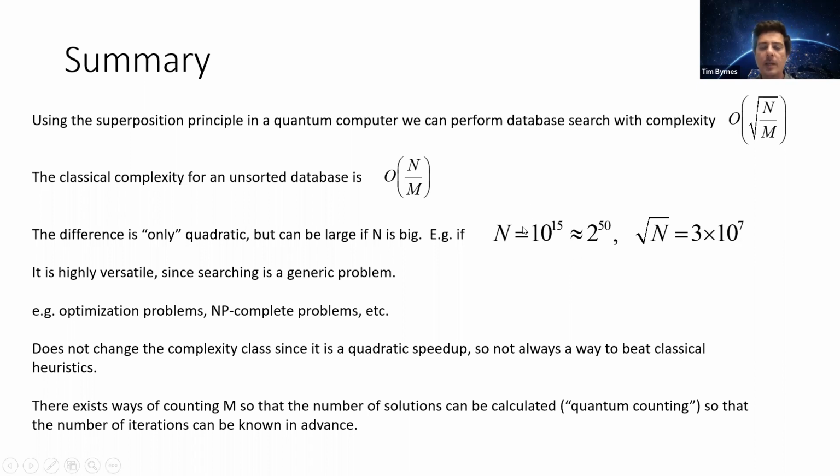Searching through it might take a bit of time. Something with 10 to the 15 entries, which is about 2 to the power of 50, might be a realistic problem size. But the square root of that is only 10 to the 7, which is like 10 megabytes or something.